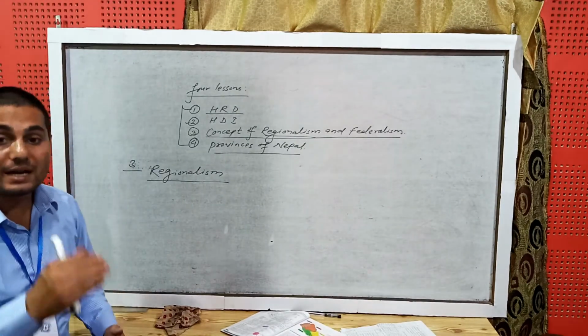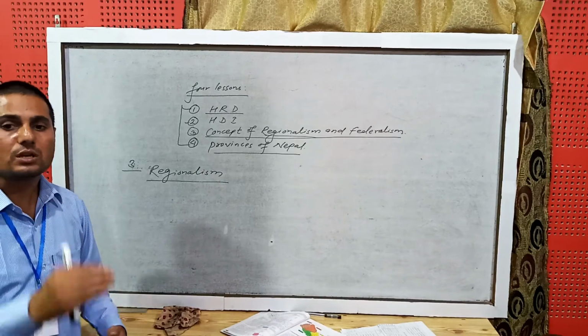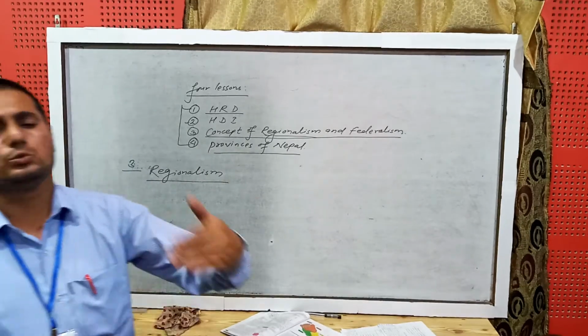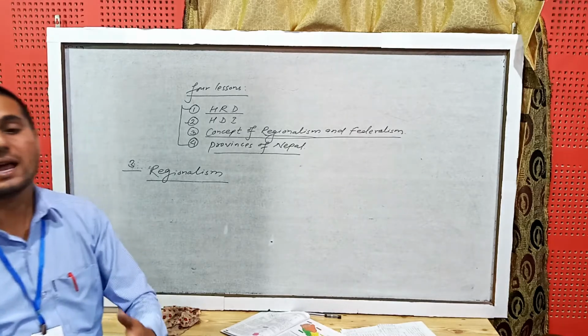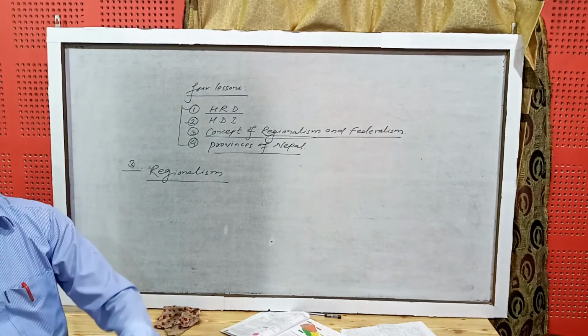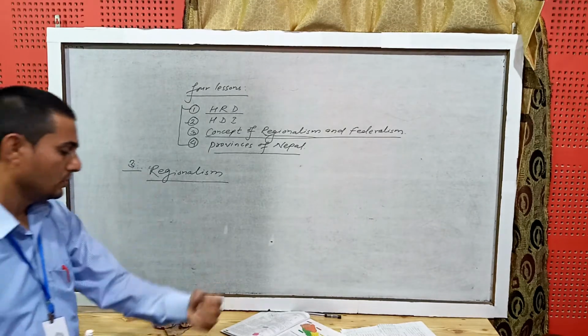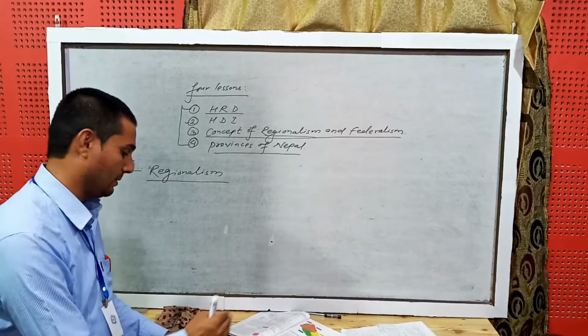Federalism is the delegation or distribution of the central power to the local power. Decentralization of the state central power to the local level.